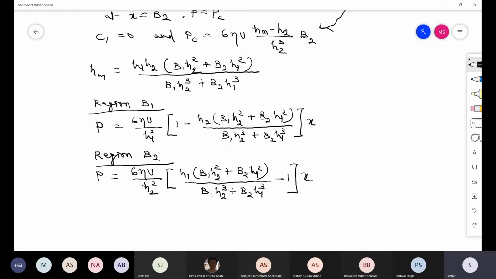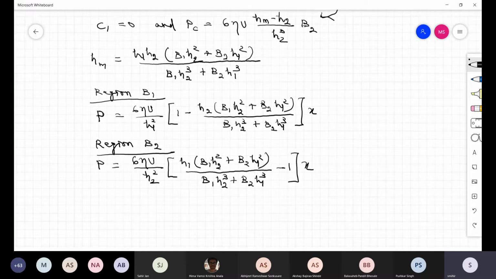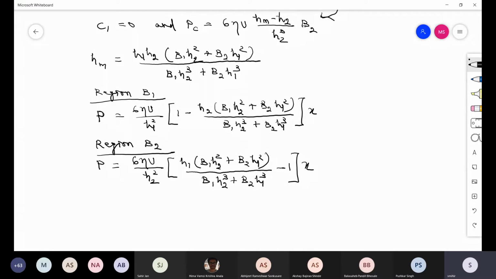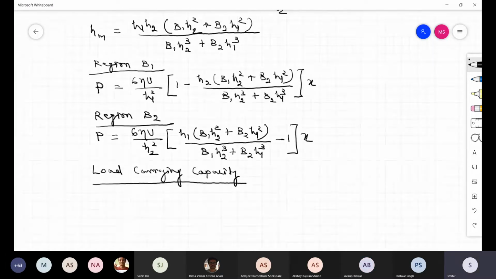Now, already we discussed, once we find out the pressure distribution, we need to find out the load carrying capacity. So in this case, for the load carrying capacity, you have to add region 1 and region 2.